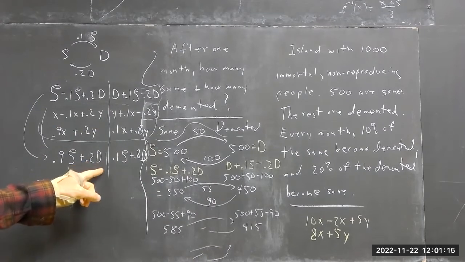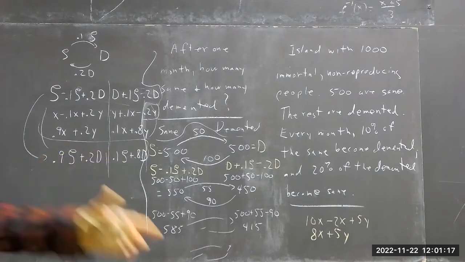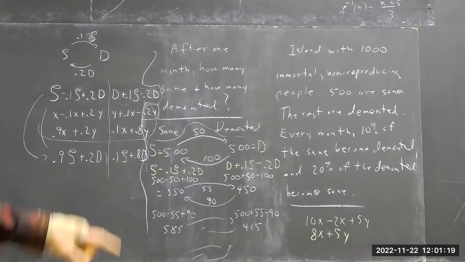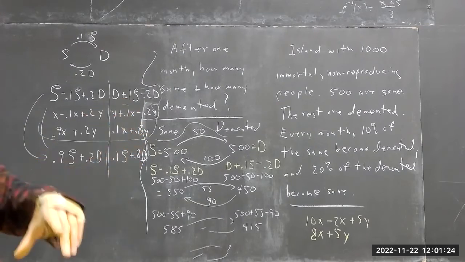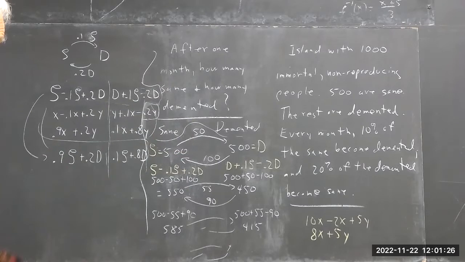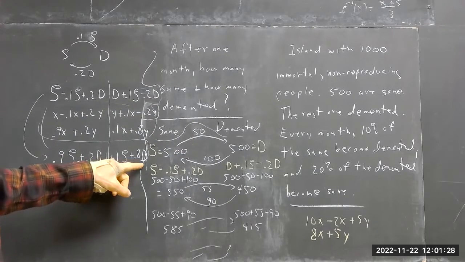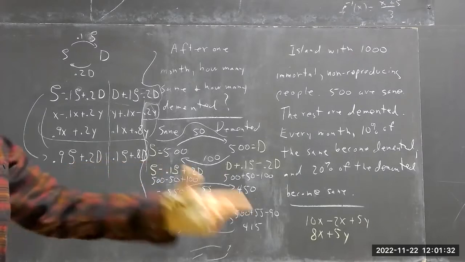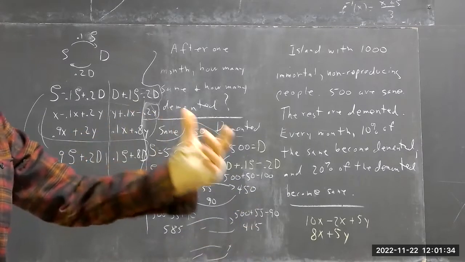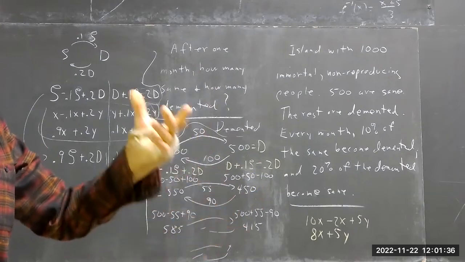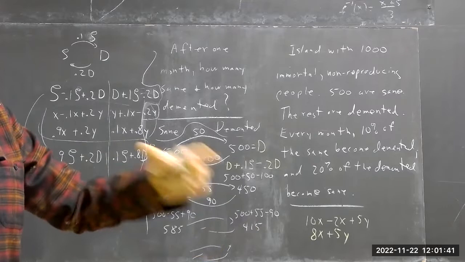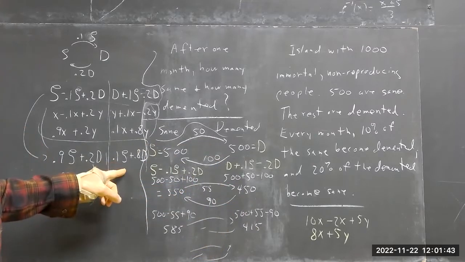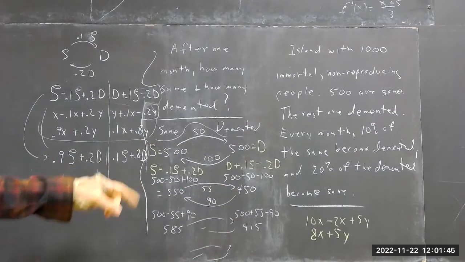And 20% of the demented is the number of demented that becomes sane. Just like over here, your 0.1S is the number of sane that become demented. That's easy to understand. And the 80% of your demented who are still demented. 20% of your demented have become sane, so only 80% of the demented people stay that way. But of course, the demented crowd picks up 10% of the sane.